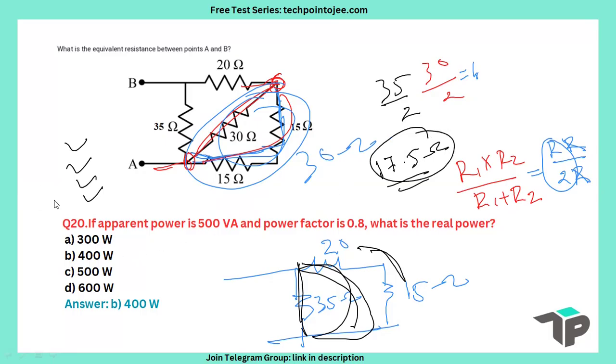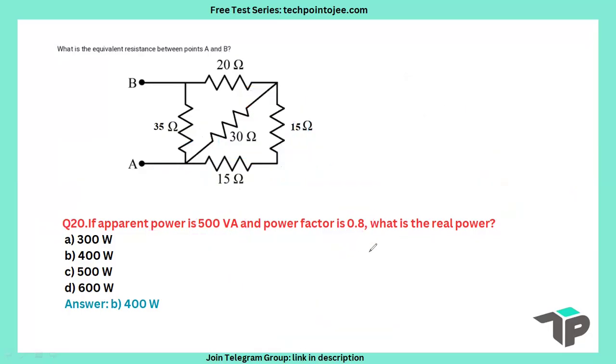So next, question number 20. If apparent power is 500 volt ampere and power factor is 0.8, what is the real power? Real power, true power, active power, we discussed previously. The active power formula is P equals VI into cos phi, where cos phi is the power factor.